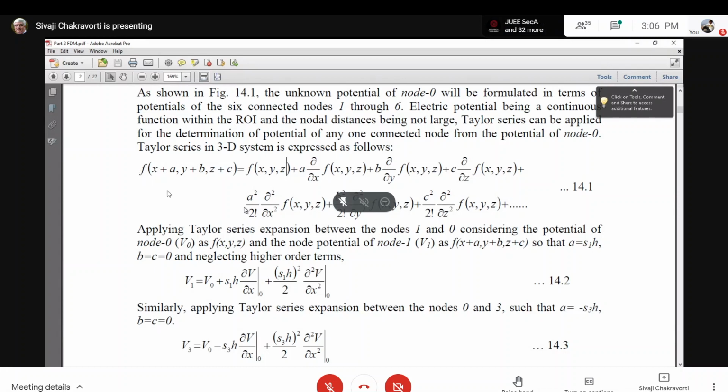I am saying that at the middle of the parallelepiped, the point O, the function is known. That means this becomes f(x, y, z) in our derivation, where the point O is defined by x, y, z, but we will say generalized coordinates. Then at the other point, let's say 1 or 2, I will show you that diagram, we will find the distance in the three coordinates, take the first order derivative, and correlate the two values.